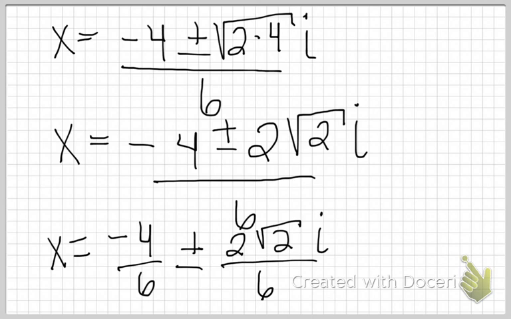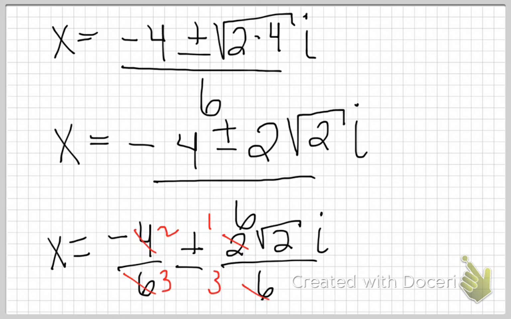And here's where a lot of students make a mistake, in the simplifying at the last part. Negative 4 over 6 becomes negative 2/3. And plus or minus 2 over 6, this is the only thing you reduce, to 1/3.